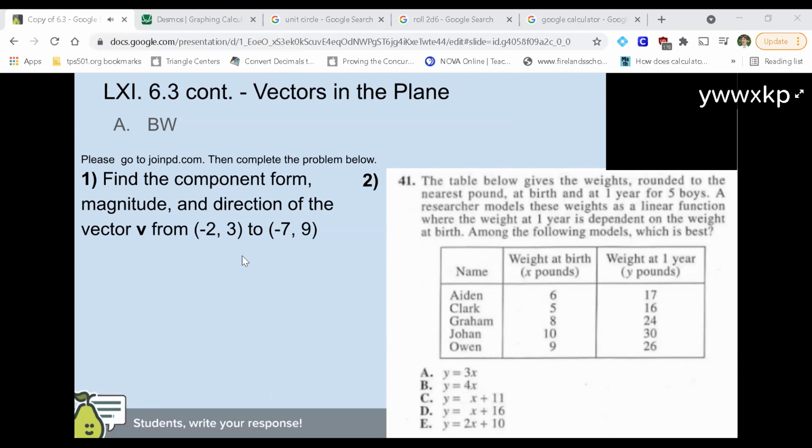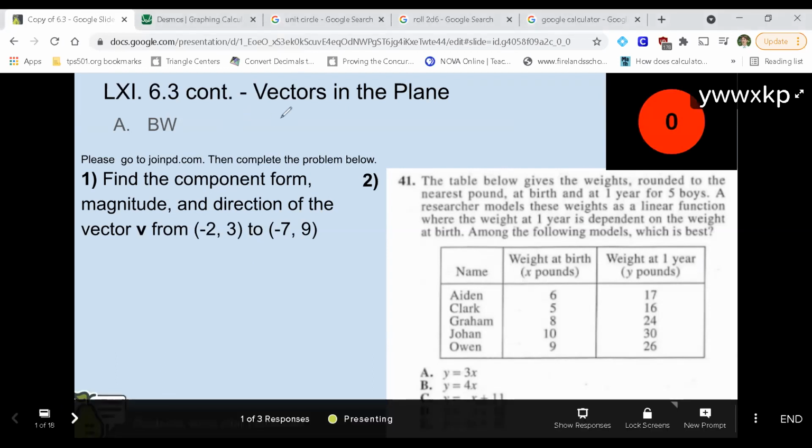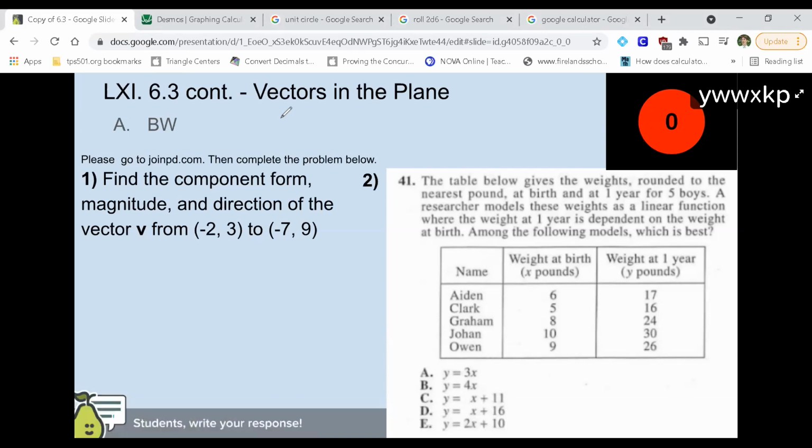Okay. So how do I write the component form of this vector? What do I need to find? It's like the slope, but it's just the components of the slope, the numerator and the denominator.